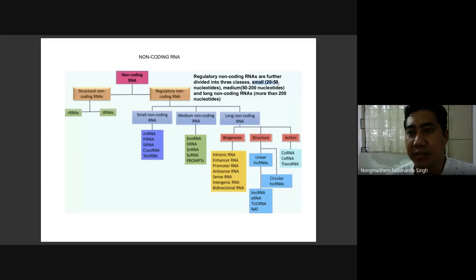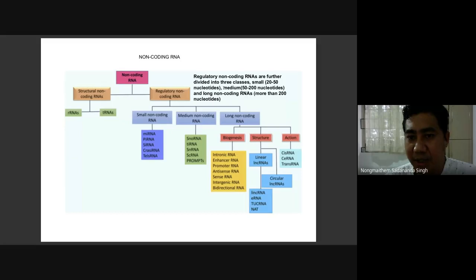One is the small non-coding RNA, which ranges from 20 to 50 nucleotides. Around 20, most of the microRNAs fall here, then PIWI interacting RNAs, siRNA, and telomeric sequences. All these fall into this category.